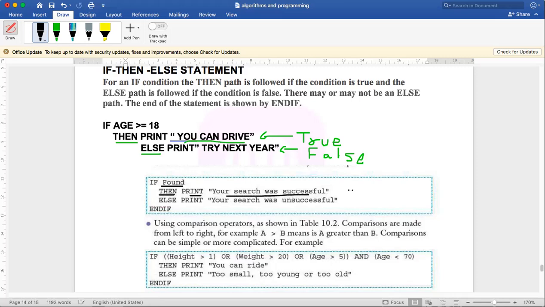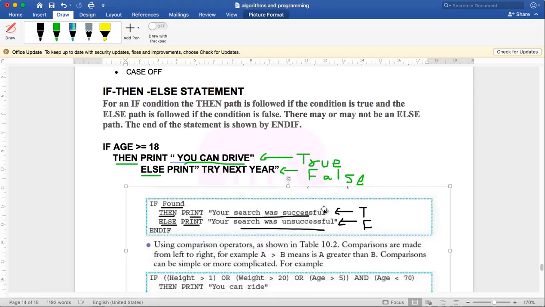This statement goes with the true option, T. Else, print: else goes with the false. It means you are not able to find something, so the search was unsuccessful. In this way, if then else works. One option goes with true and the other, else, goes with false.